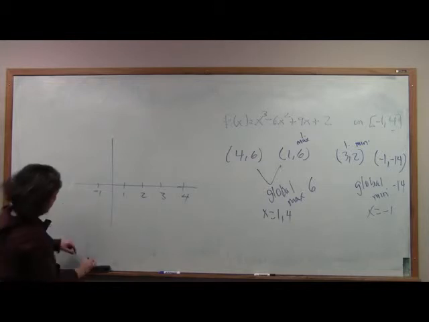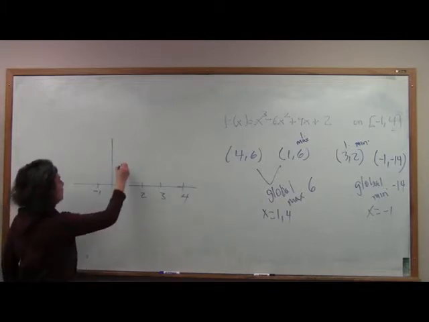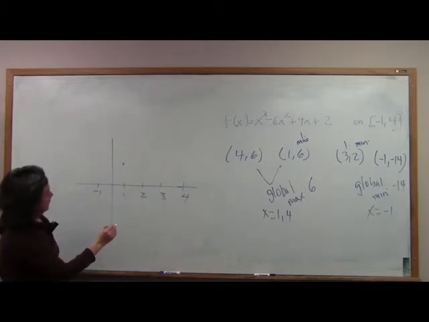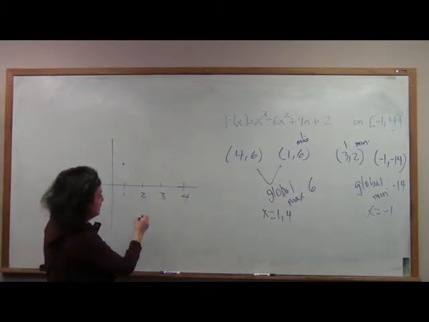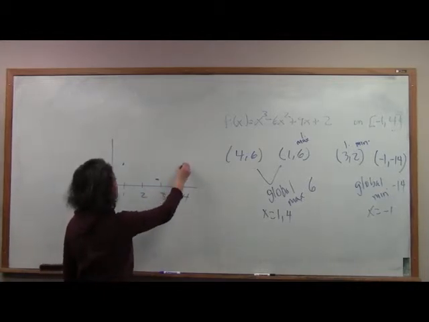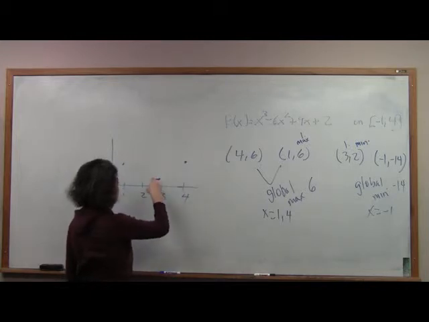At -1, we're way the heck down here. At 1, we're up at 6. And at, what else do we have? At 3, we're at 2. And at 4, we're back up at 6.